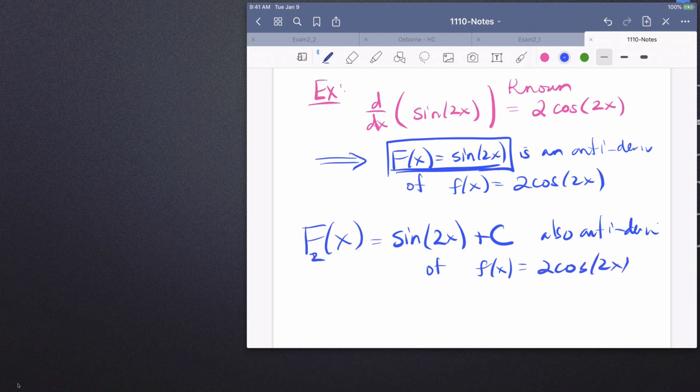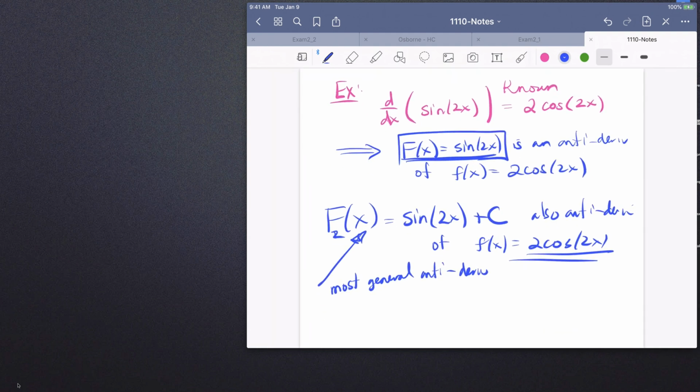Finding the particular constant is something that is left up to differential equation style problems that we'll look at in the next video. So here we can say that this F2 is the most general antiderivative of 2 cosine of 2x.